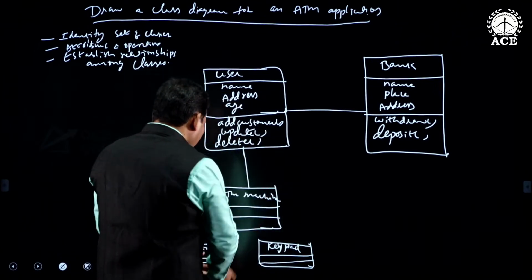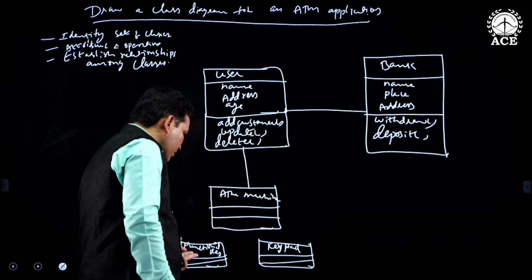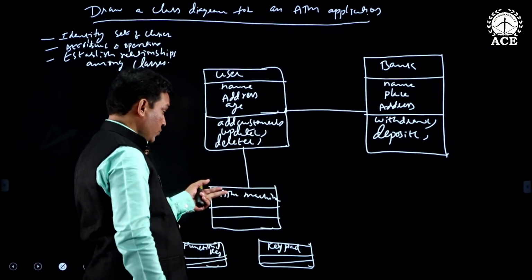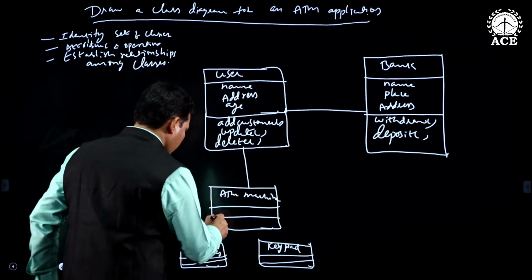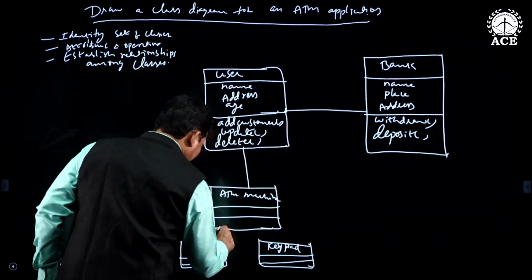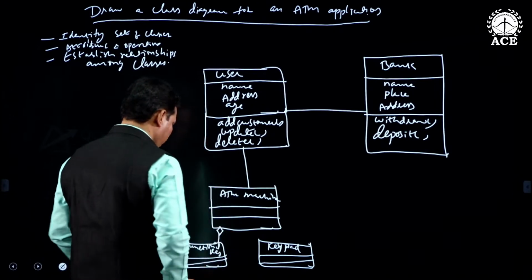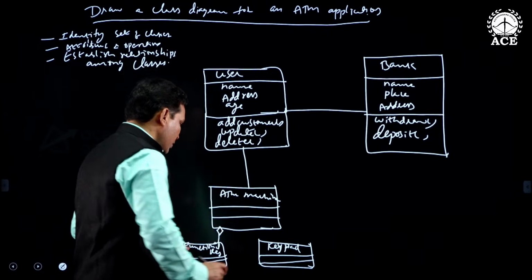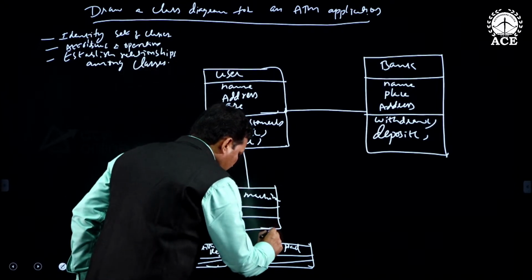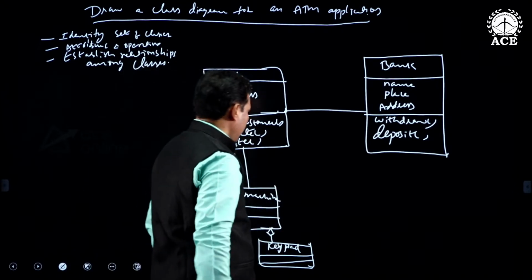So these are three classes: ATM machine, functional key, keypad. Which one is part of which here? Functional key and keypad are parts of the ATM machine. So which relationship do you have to use here? Aggregation relationship. If you want to represent a small part of the complete class, we have to use the aggregation relationship.